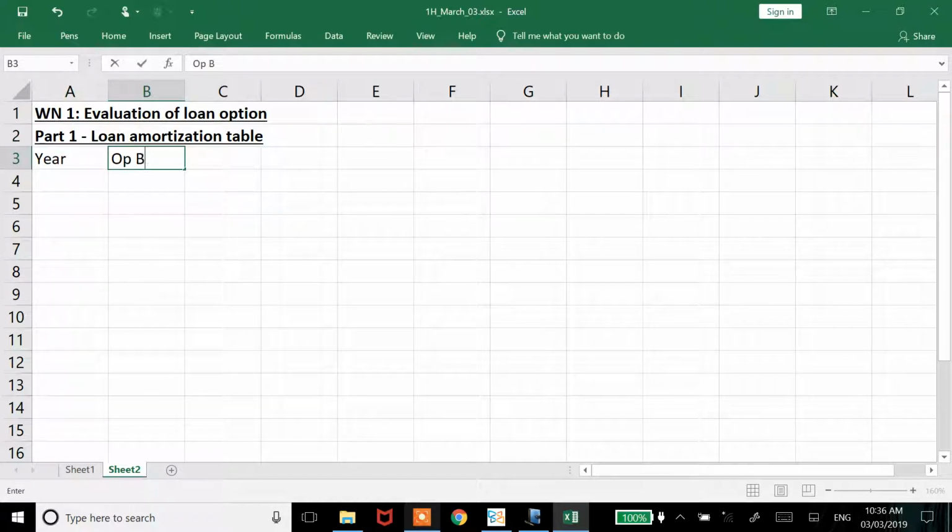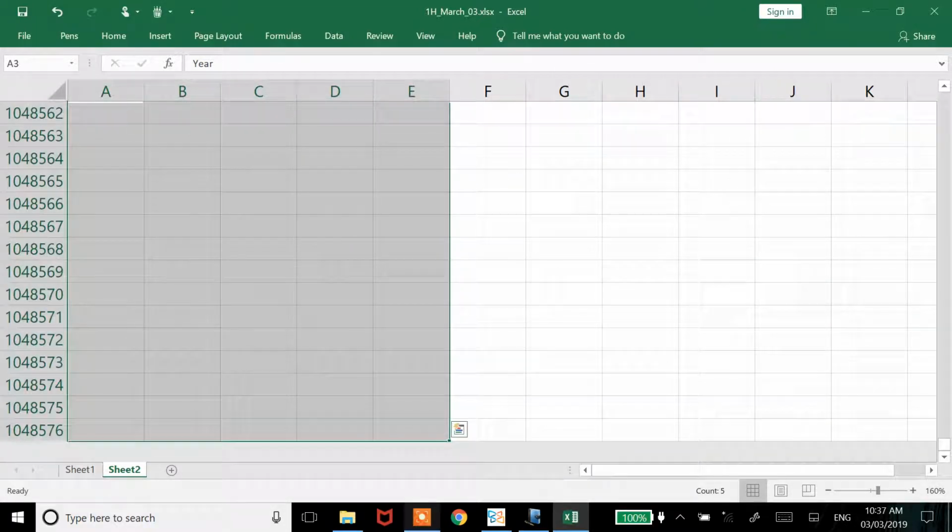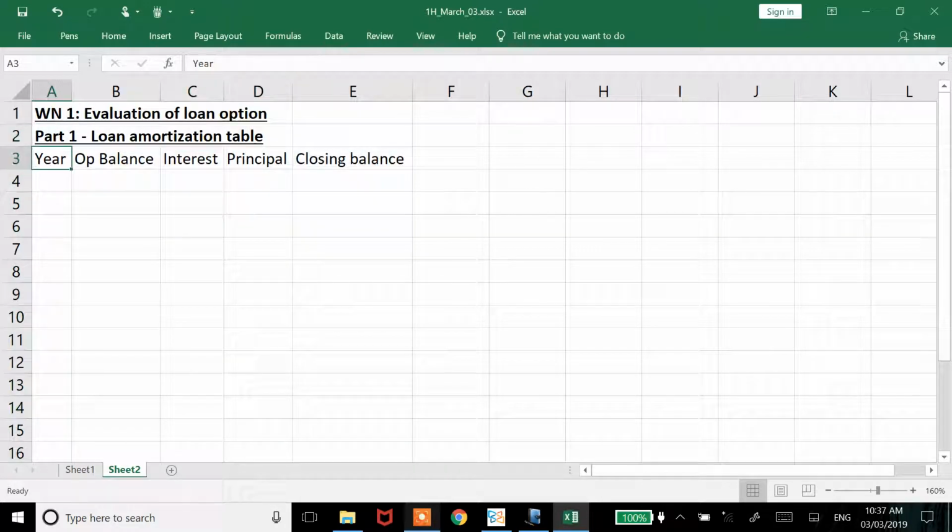Year, opening balance, interest, principal and closing balance.